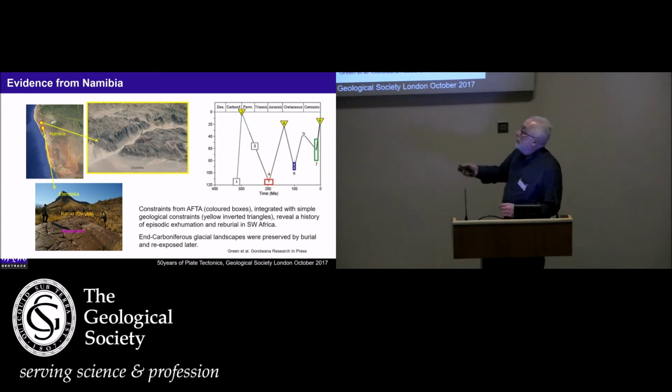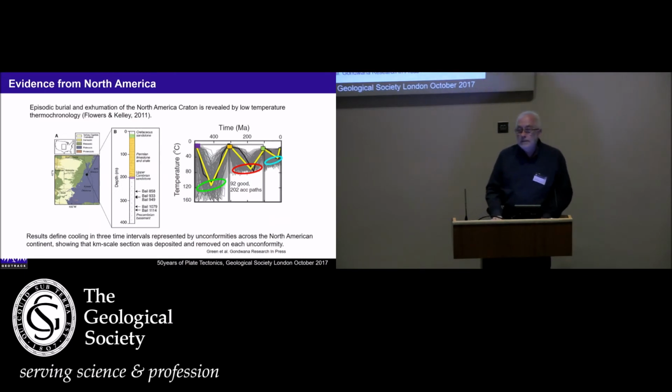So if we combine the constraints that we get from the fission track data with the geological constraints that this basement section was near the surface at that time, and we also include the fact that this regional basement was exhumed to the surface in the late Carboniferous, we find this history of exhumation, burial, maybe another phase in there, and final exhumation to the surface.